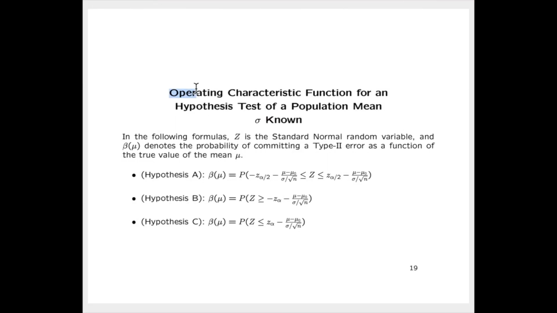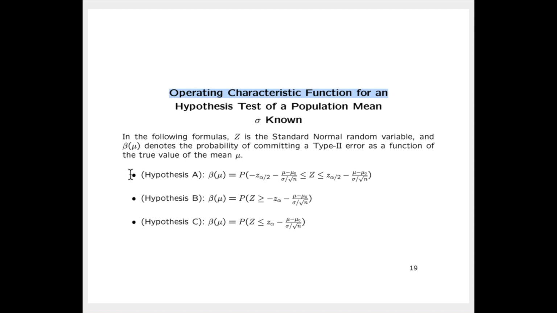Now we're going to be looking at the operating characteristic function for a hypothesis test about the population mean. Again, we've got our 3 hypotheses. Hypothesis A, which is the two-sided test, hypothesis B, which is the left-tailed test, and hypothesis C, which is the right-tailed test.